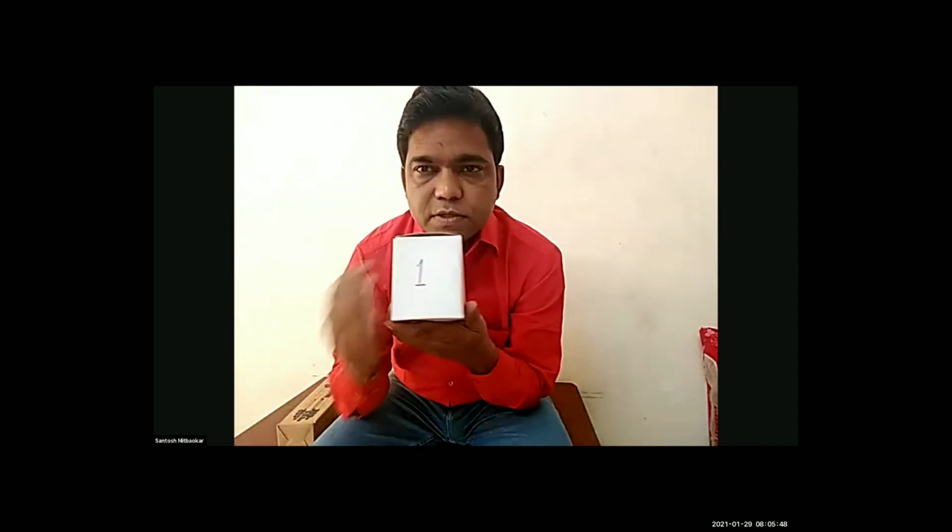So if I talk about a cube, when I take a cube, the cube also has 6 faces. So face number 1, face number 2, then we have 3, 4, 5, and 6. So it has 6 faces.